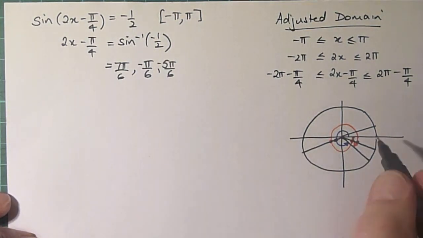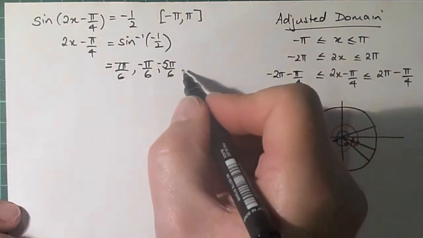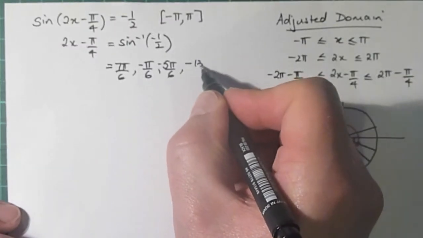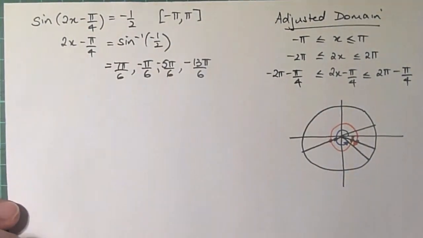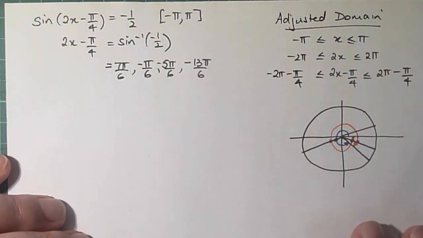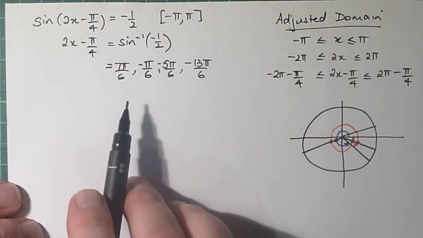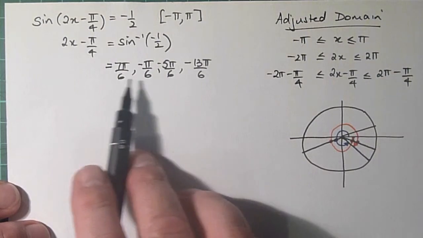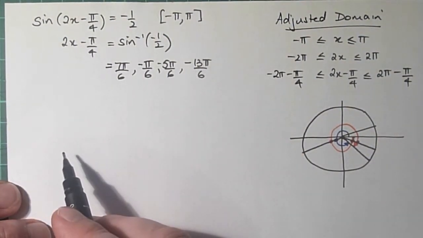So we've got negative 2 pi, which is really negative 12 pi on 6, and another pi on 6 gives us negative 13 pi on 6. So now within the restricted domain of negative 2 pi minus pi on 4 and 2 pi minus pi on 4, we've got 4 solutions. This is the critical part of finding these solutions. Once we're pretty sure we've got these 4 solutions, we can start doing the algebra.